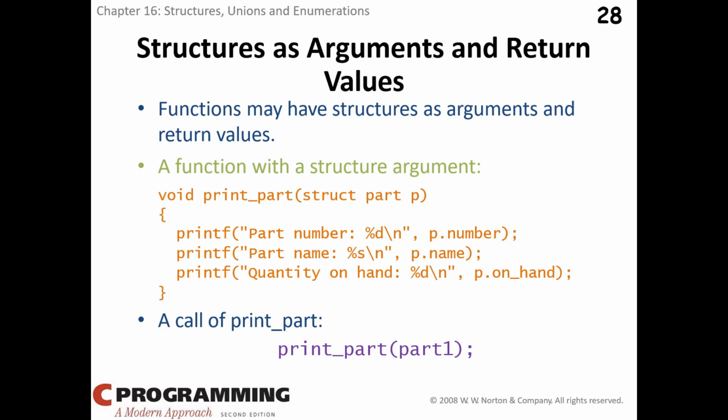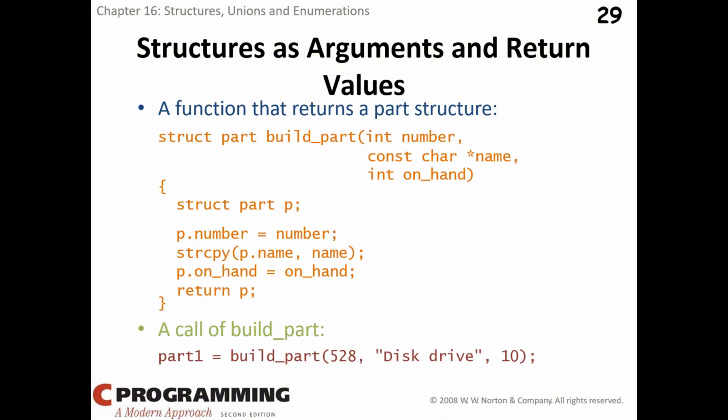This slide demonstrates how structures can be seamlessly integrated into function arguments, allowing us to pass complex data structures to functions for processing. And now let's begin by examining a function that returns a structure. So here in the slide we have this function.